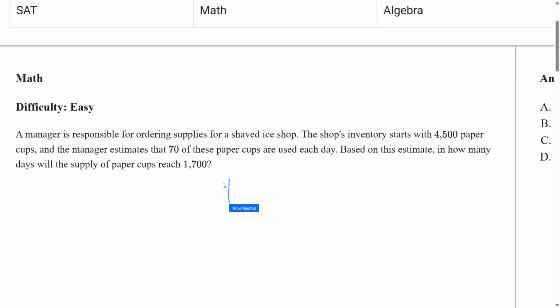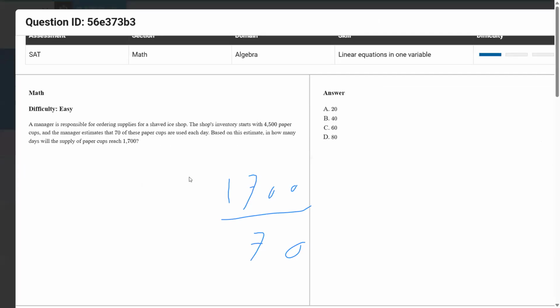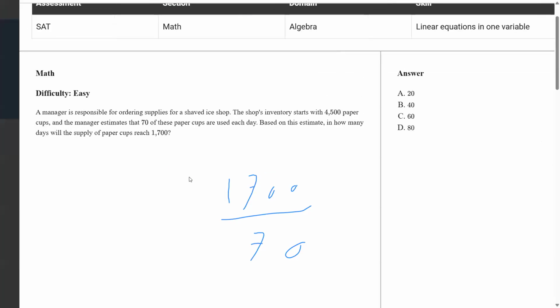Just divide 1,700 by 70. It will give you 24. Wait.